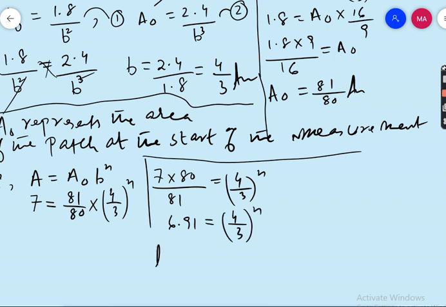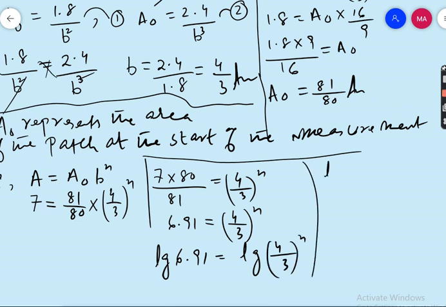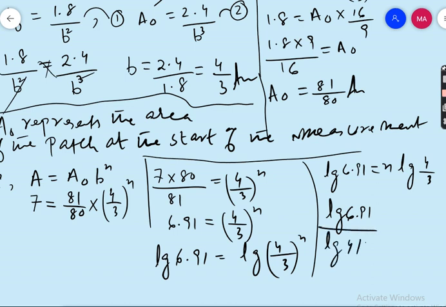Taking log with base 10 on both sides, log 6.91 is equal to n log 4 upon 3, and now log 6.91 upon log 4 upon 3 is equal to n.